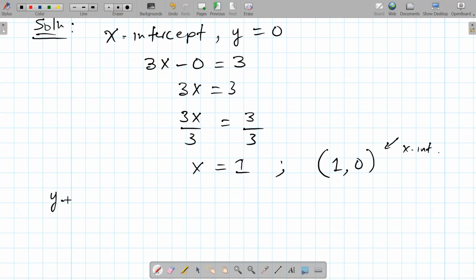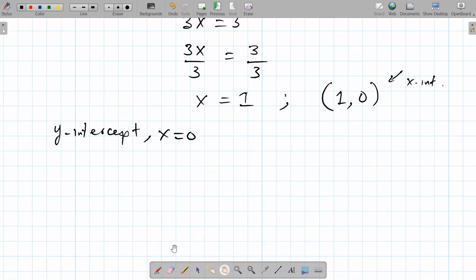Then y-intercept. I need to set x equals 0 and solve for y. So similarly, we are using 3x minus y equal 3.